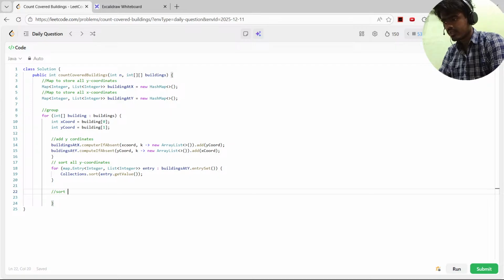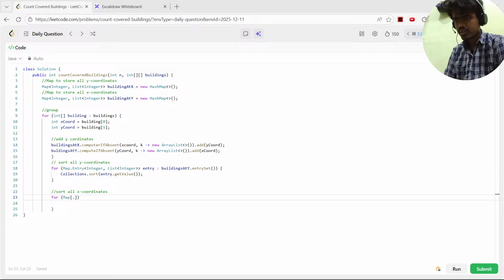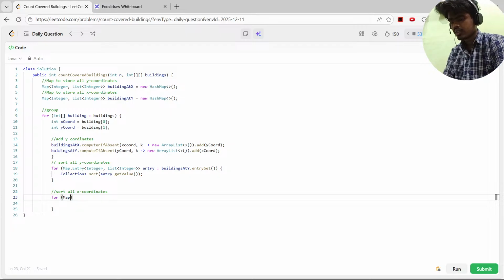Collection dot, now sort all x coordinates, right? So here you use for in map. I just have to write a small bit. What is happening?